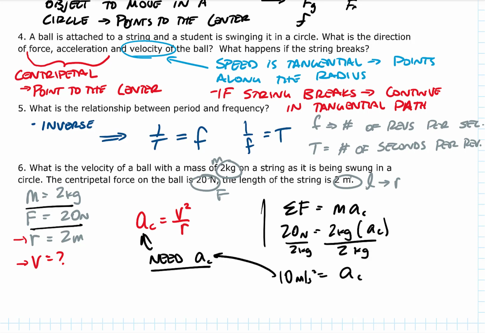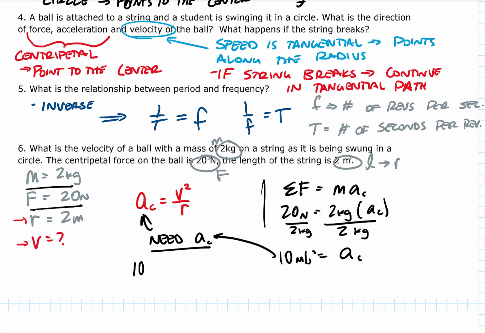So I can plug that in here, and that gives me 10 is equal to speed squared over the radius of 2 meters. So multiply both sides by 2. And that tells me 20 is equal to v squared. Just square root both sides. And so that tells me that v is equal to 4.47 meters per second.